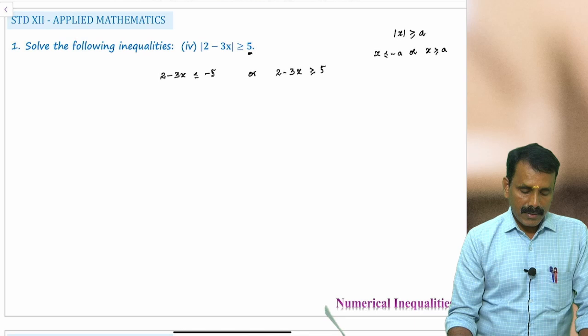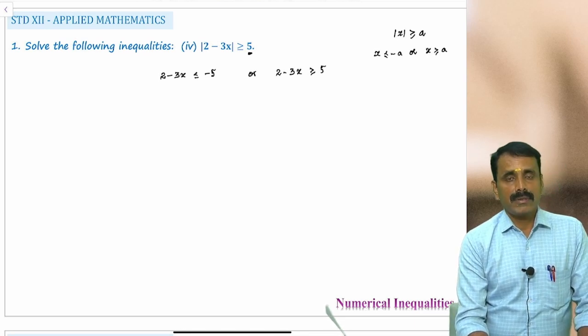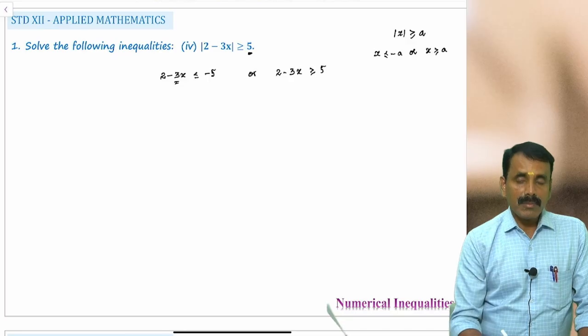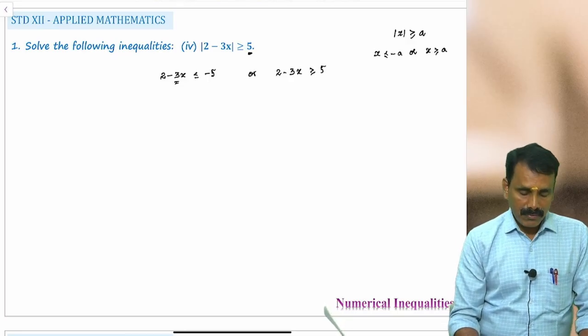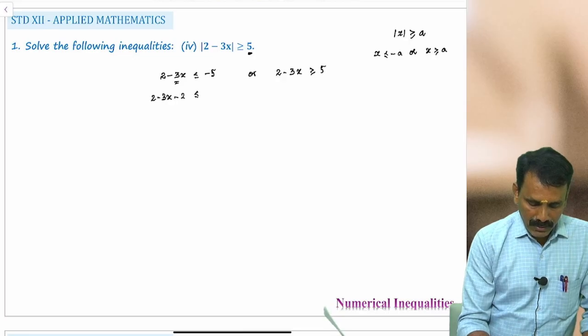Is it clear? Now, we must try to eliminate the 2 which is in addition, and we must remove this 3 which is in multiplication with x. So, we try to solve this. So, 2 minus 3x minus 2 less than or equal to minus 5 minus 2. So, 2 cancelled here.